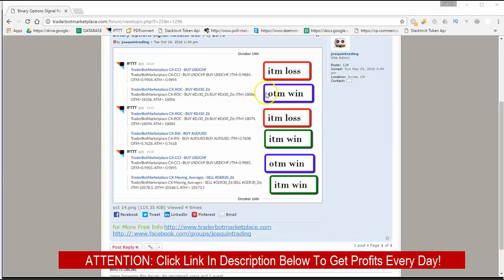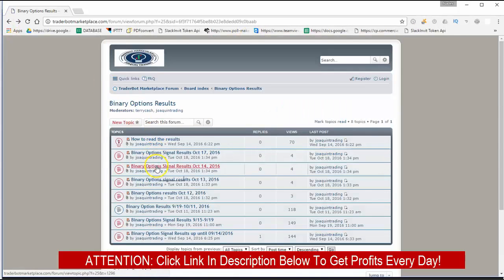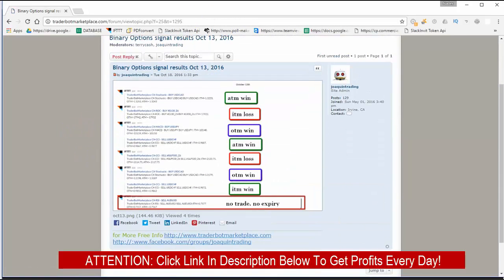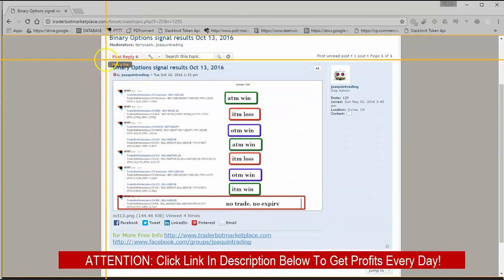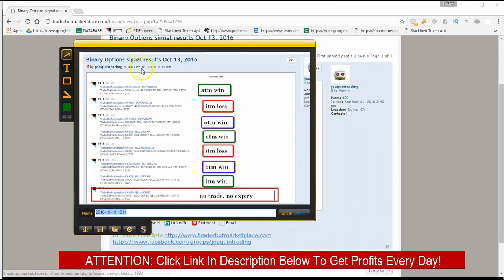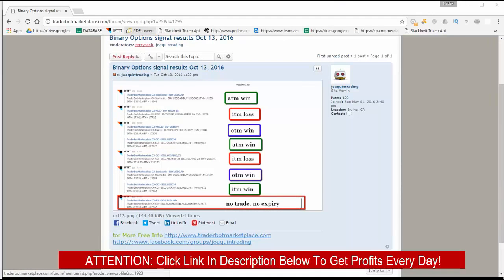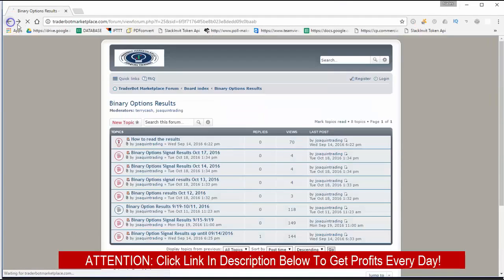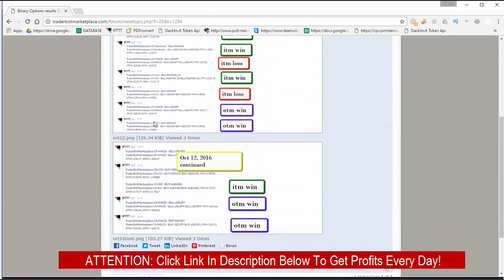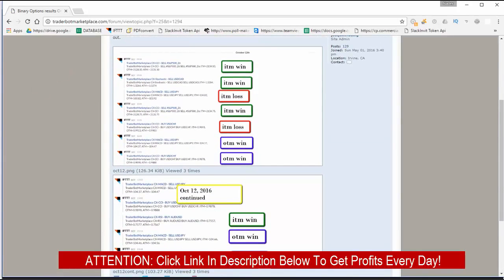All we're concerned about are the 2 OTM wins right here. We're not concerned about anything else. Let's go to the day before that. We're concerned about the 2 OTM wins and nothing else, because those are going to be losses. And the day before that. Oh, there's several here. Okay.